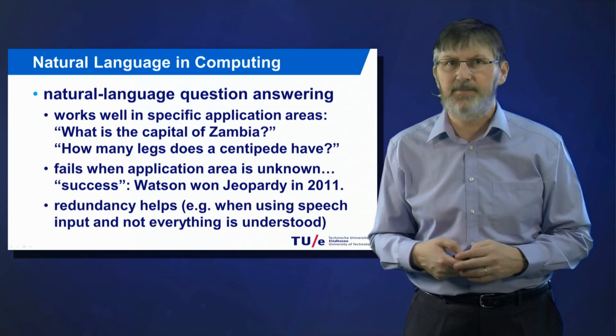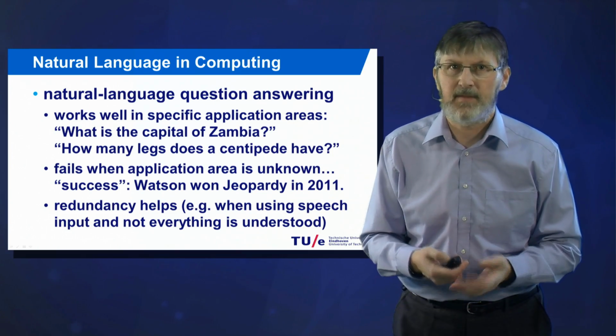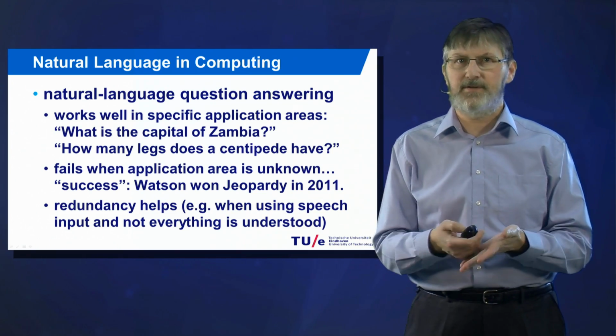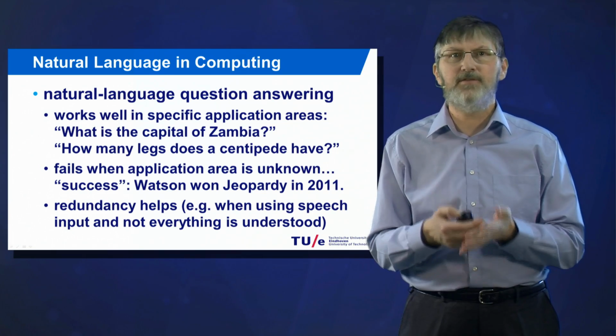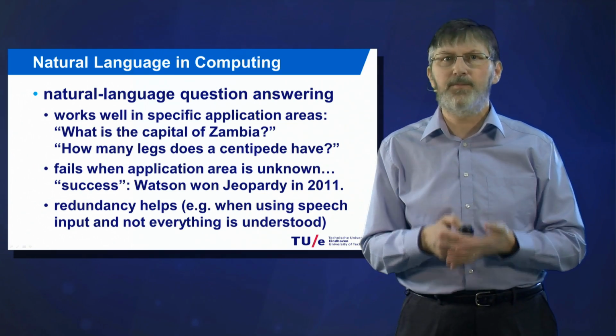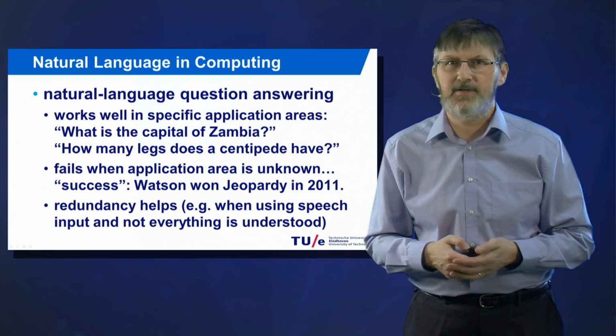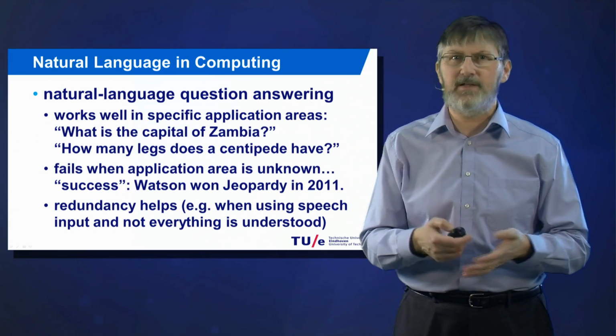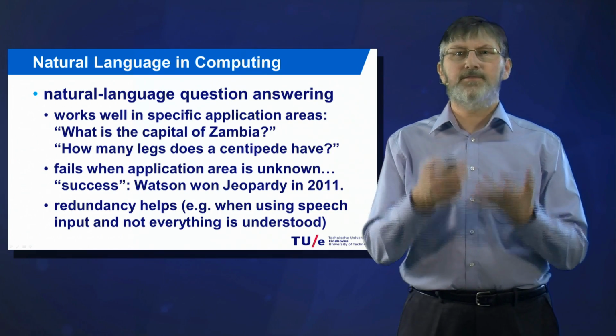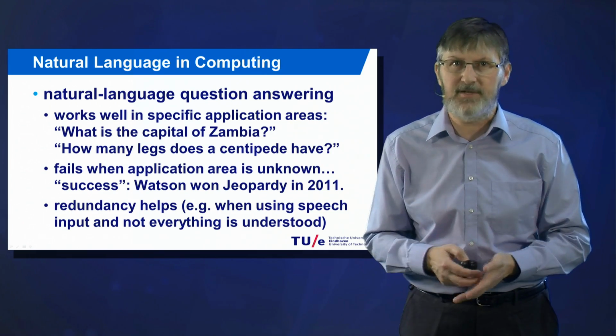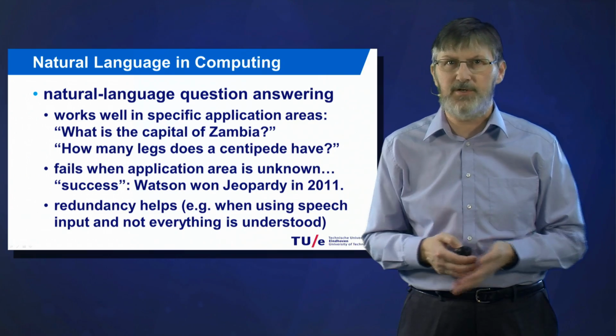Something that really helps is redundancy. When you ask a question, not everything needs to be understood for the computer to answer your question. One of my unfortunately deceased friends is Ted Kowalski, who lived on Central Drive in Murray Hill, New Jersey.